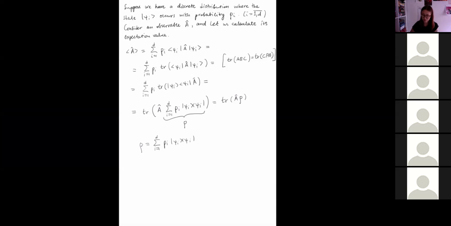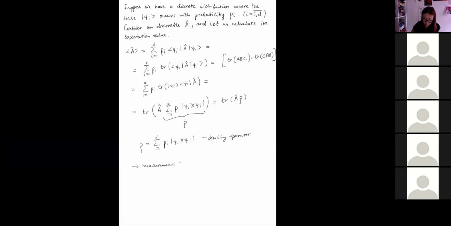Because this allows us to see the measurement statistics as a function of the distribution only via the density operator. So this is the density operator.